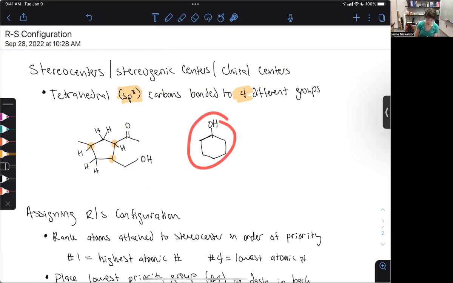So let's look at this one. So if I'm here, all of these are CH2s. Okay, so the only hope that I have of something different here is this carbon right here. So it's definitely got an OH and an H, right? So I've got at least 2 things on it. But if I go CH2 to CH2, those are the same. So let's continue on. CH2 to CH2, those are the same.